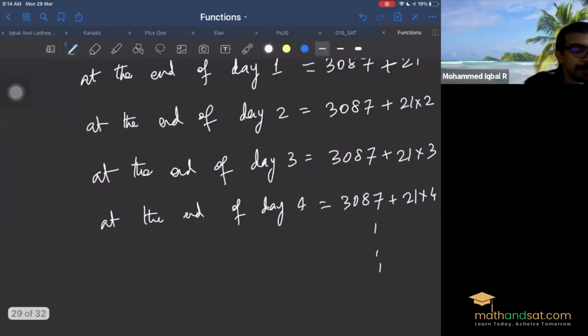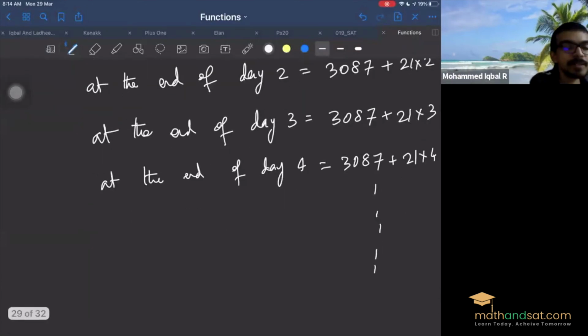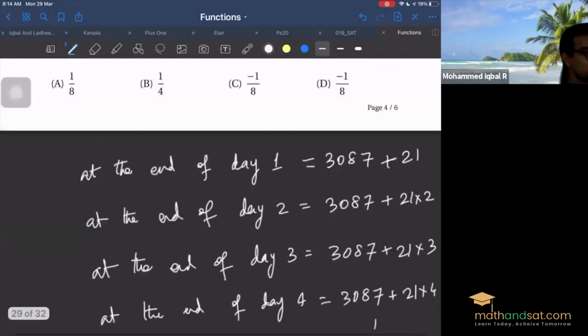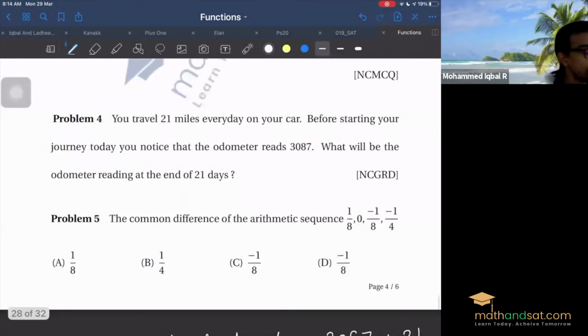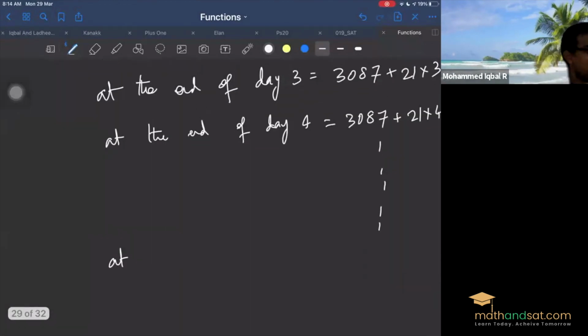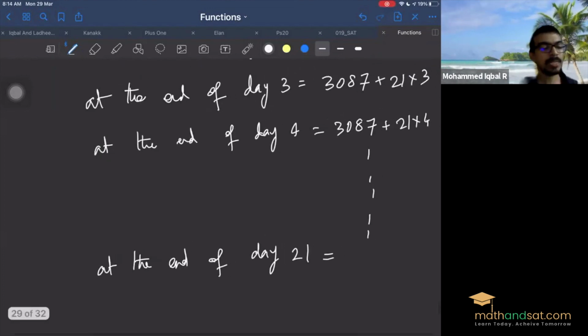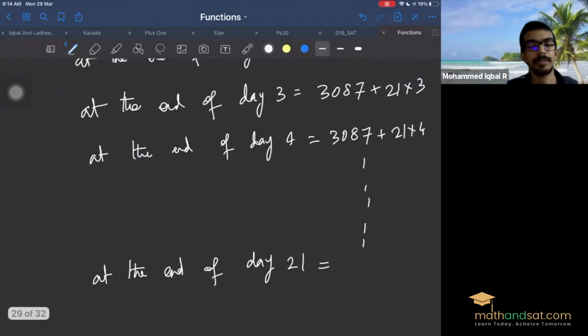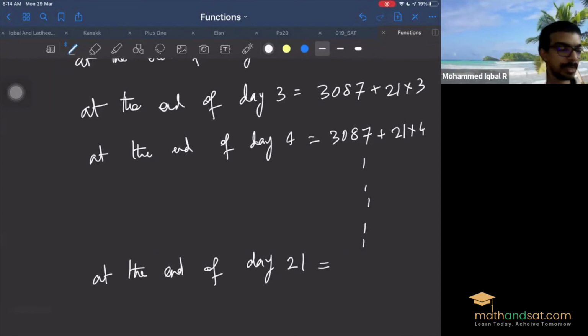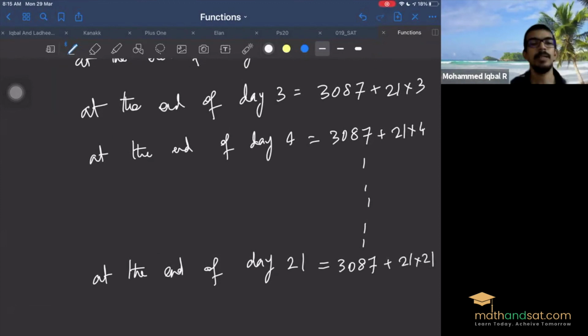Following the same pattern, we have to find the reading at the end of 21 days. At the end of day 21, this is going to be 3087 plus 21 times 21.